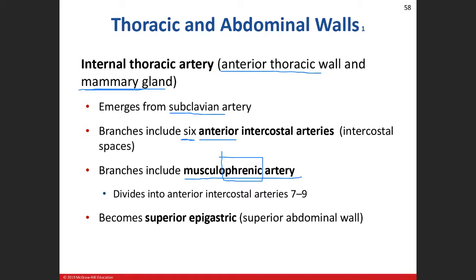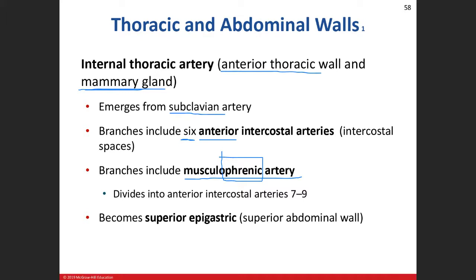It sits on your subclavian, it sits on the anterior scalene muscle. And it actually innervates the muscle of breathing, which is the diaphragm. Yeah. So the musculophrenic artery is going to be heading down towards the diaphragm, okay?